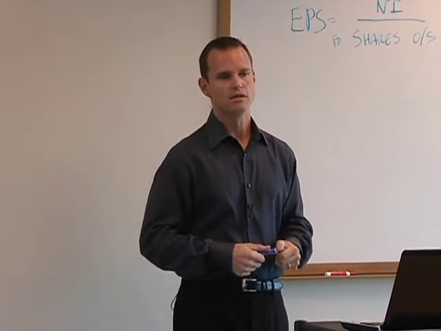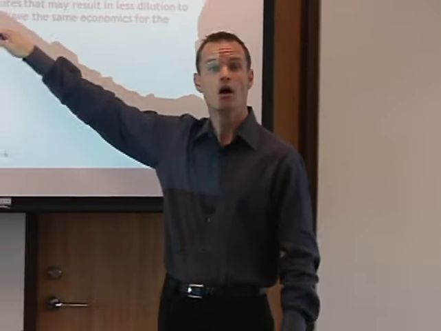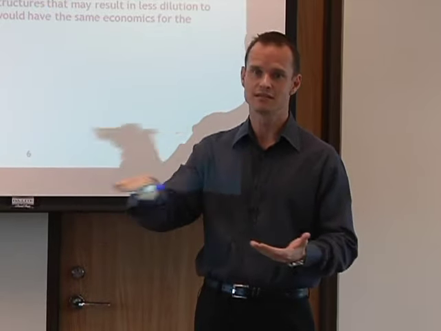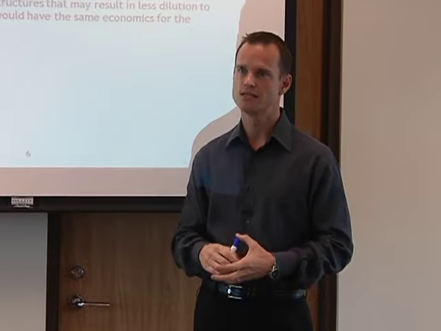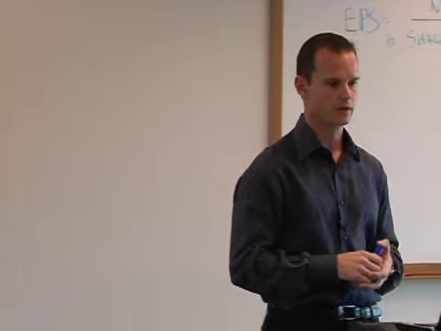So if the deal immediately looks to be dilutive, we can back into what would be the amount of pre-tax synergies required in order to make this a break-even deal. That is, keep earnings per share the same after the deal as it was before.